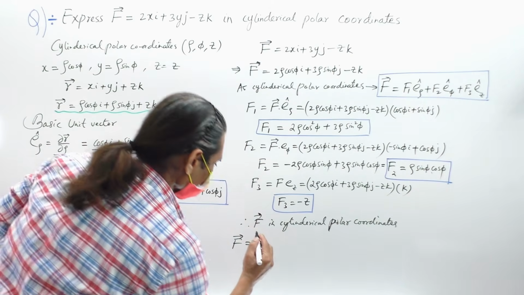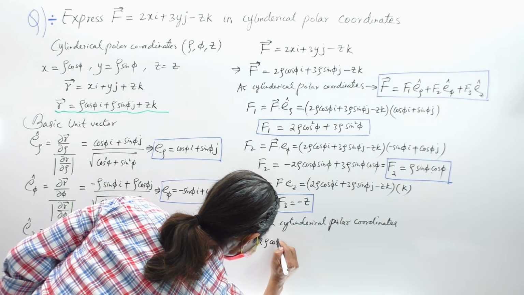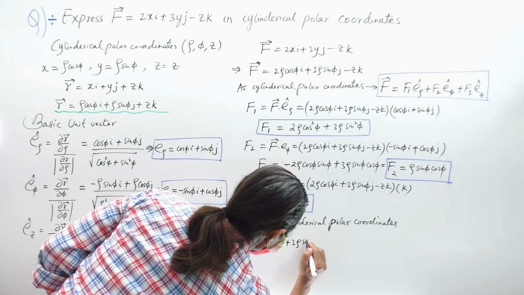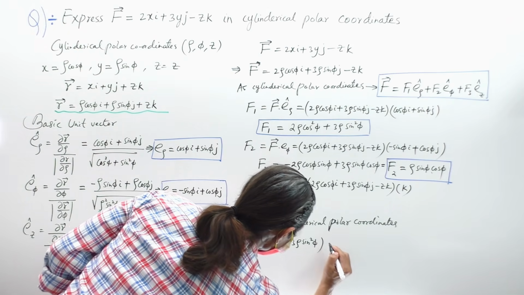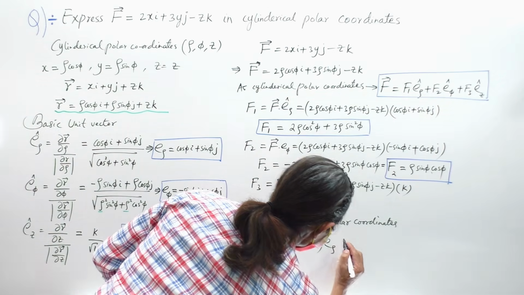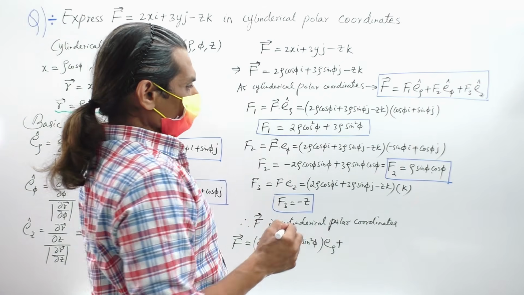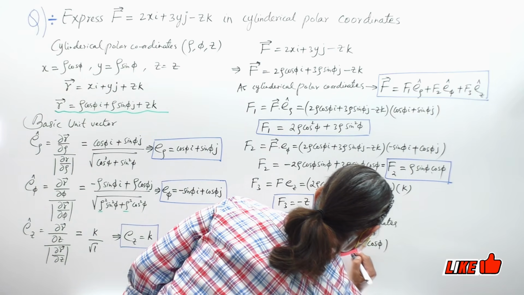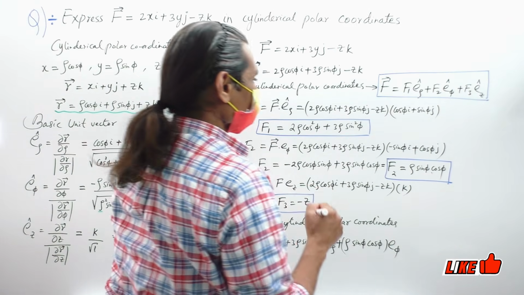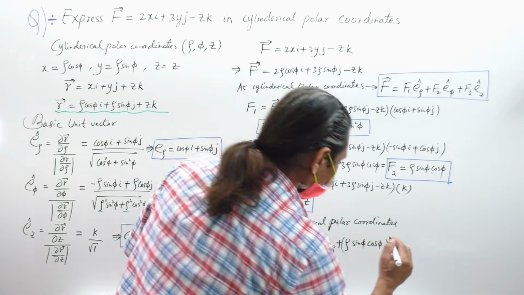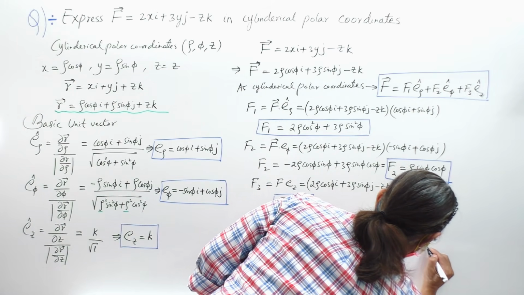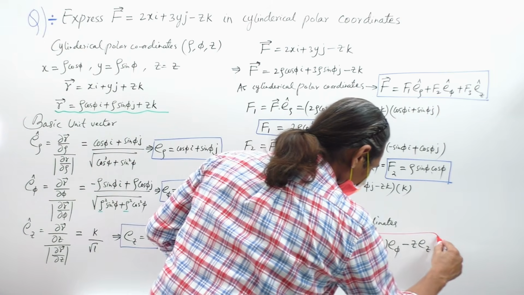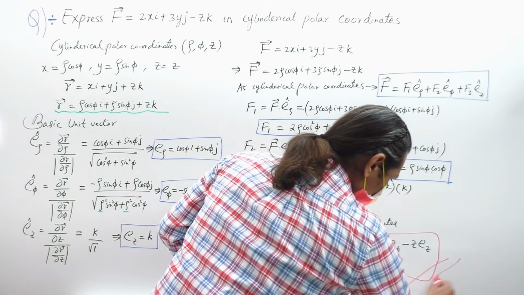So what is F1 we found out here? (2ρ cos² φ + 3ρ sin² φ) e_ρ, plus F2 is ρ sin φ cos φ into e_φ, and lastly F3 is minus z into e_z. That's all. This is the final solution. Please underline this.